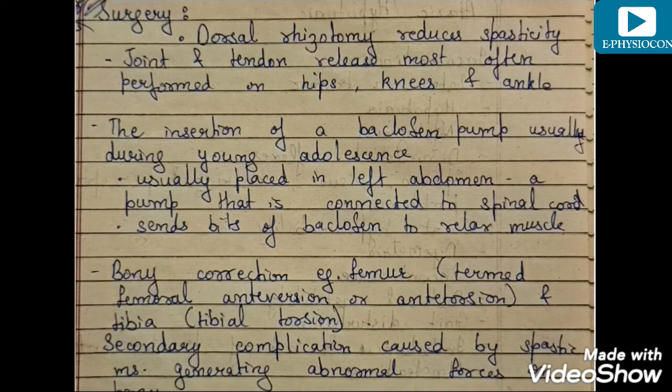Joint and tendon release most often performed in hips, knee and ankle. Insertion of a baclofen pump, usually during young adolescence. And also orthopedic surgeries like bony correction of femoral anteversion or antetorsion, and tibial torsion. Secondary complications are caused by spastic muscle generating abnormal forces on bones.